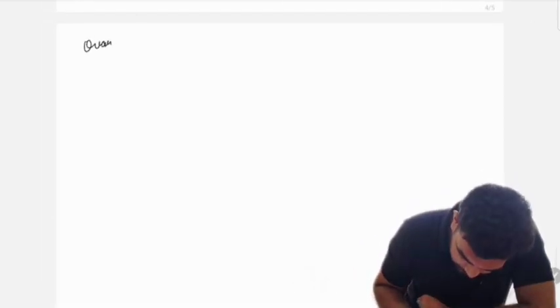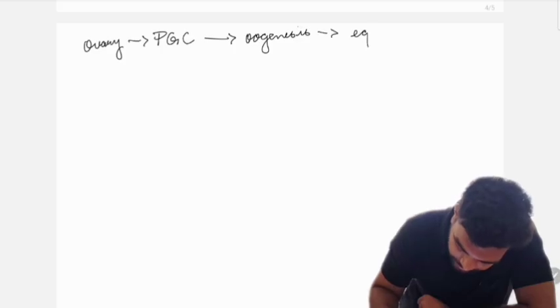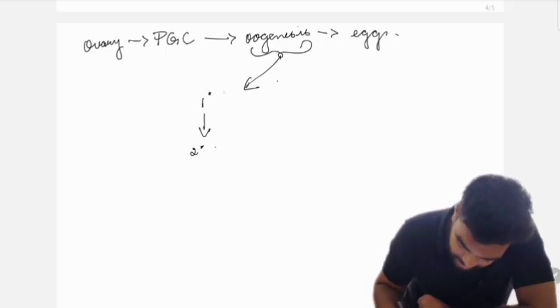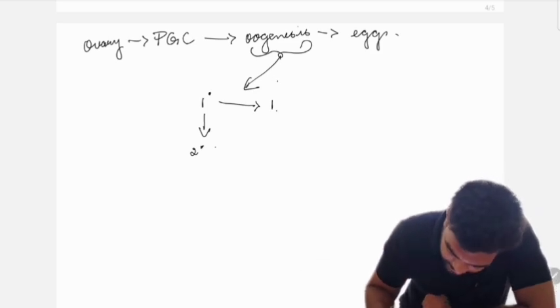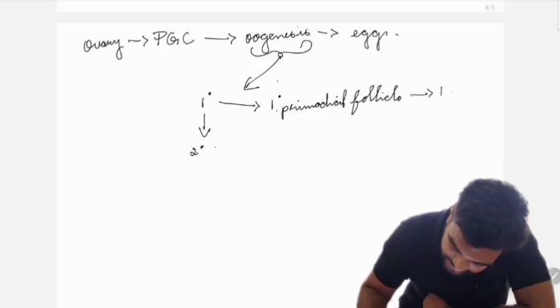The ovary has something known as primordial germ cells. These undergo oogenesis to form an egg. In oogenesis, it has to undergo primary oocyte formation, and from there secondary oocyte formation. During this, the primary oocyte, which is inside the primordial follicle, will undergo one arrest, the first arrest.